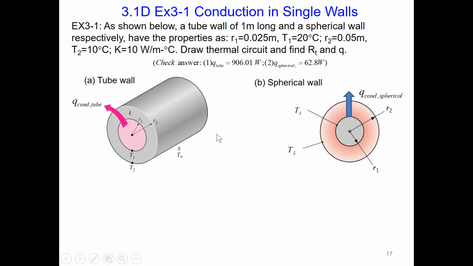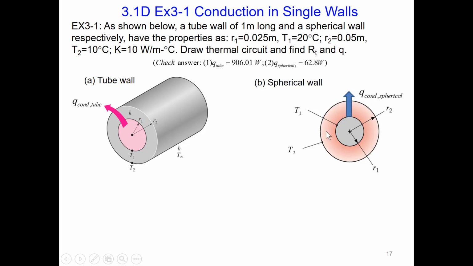Let's practice example 3-1. As shown in these two figures, a tube wall and a spherical wall. This tube wall has a length of 1 meter, and both have the following properties. At R1, we have temperature T1 at 20 degrees.